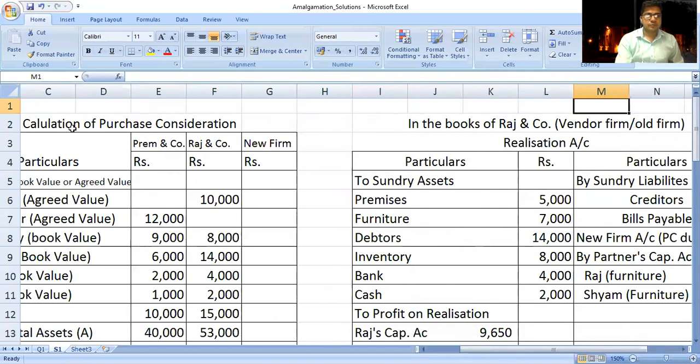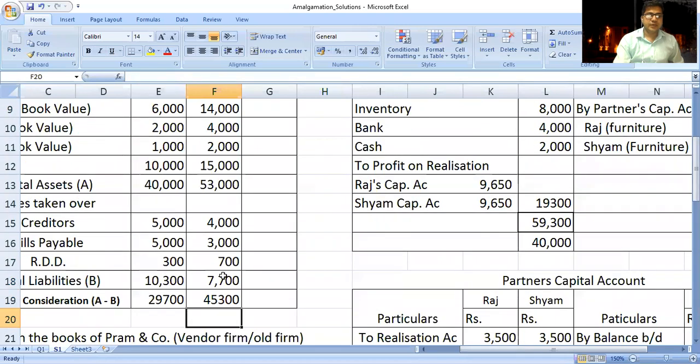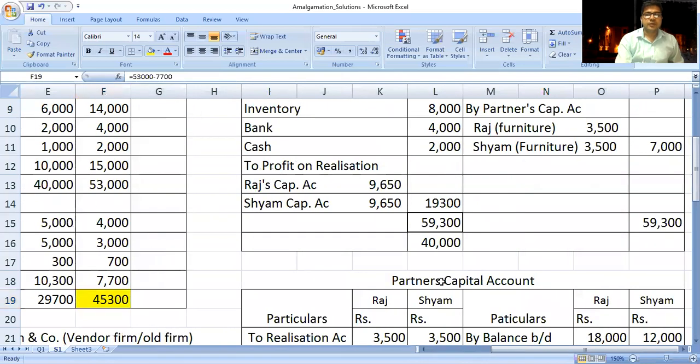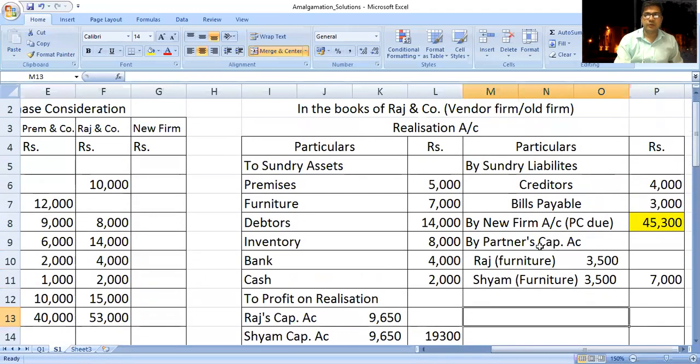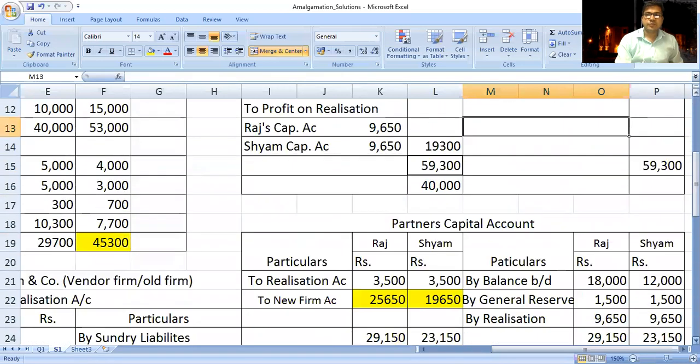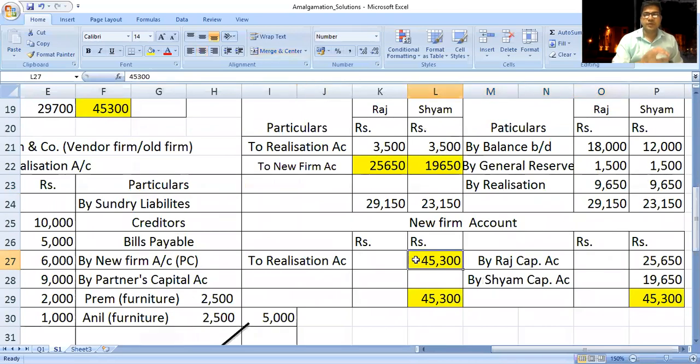The purchase consideration we got for Raj and company is 45,300. This purchase consideration entry we have to write on the credit side of our realization account: by new firm account, 45,300. Now the second effect we have to give on the debit side of the new firm account. If it is the credit side in the realization account, it will come on the debit side of the new firm account. In the new firm account it is 45,300.